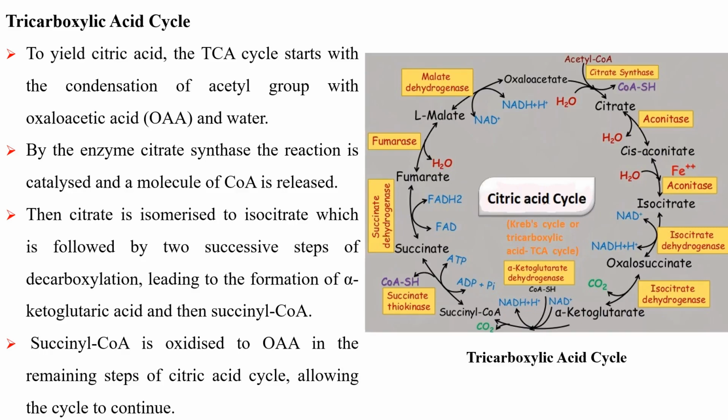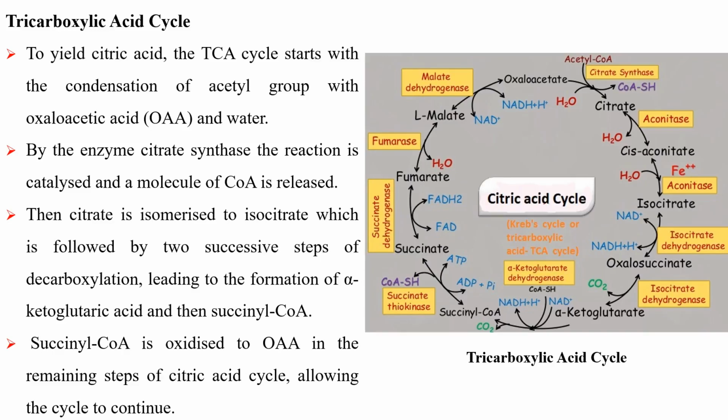Tricarboxylic acid cycle. To yield citric acid, the TCA cycle starts with the condensation of the acetyl group with oxaloacetic acid, or OAA, and water. The reaction is catalyzed by the enzyme citrate synthase, and a molecule of CoA is released.